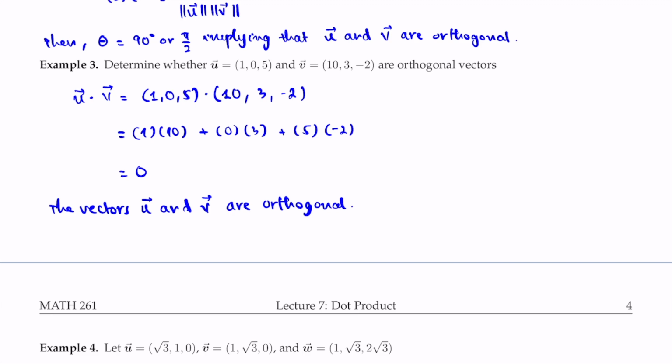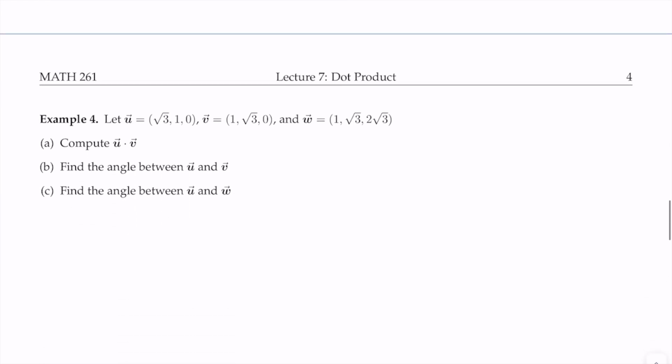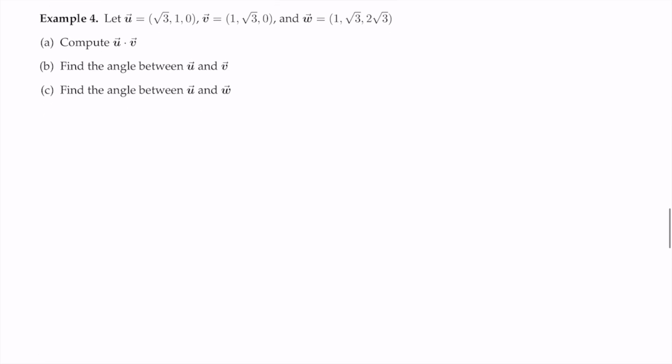Now let's continue with example 4. In this example, you have three-dimensional vectors. And first, let's compute the dot product of u dot with v.